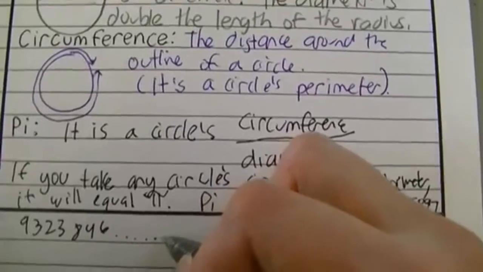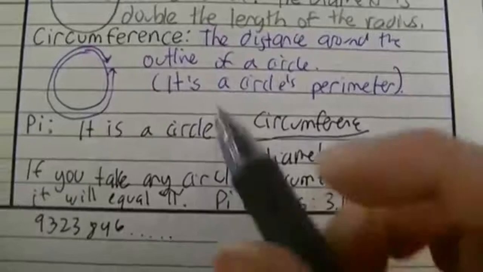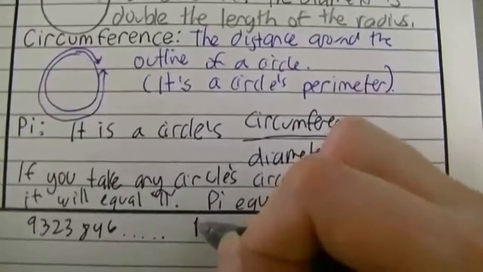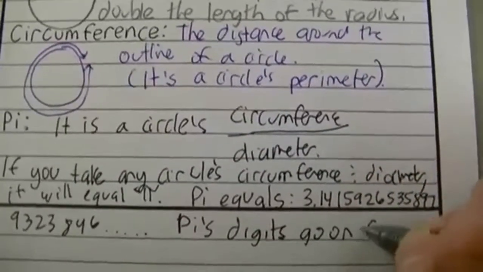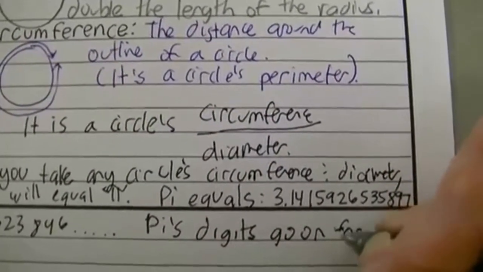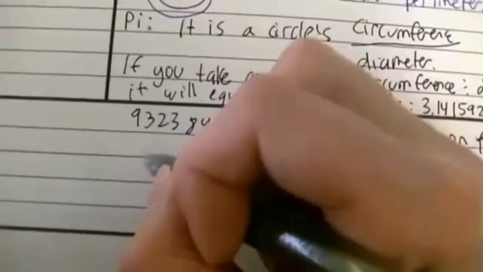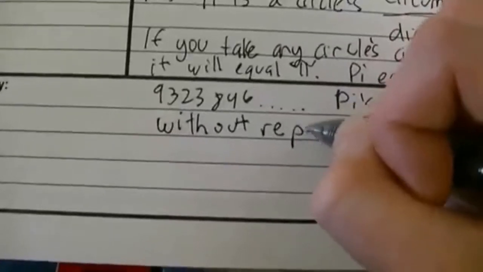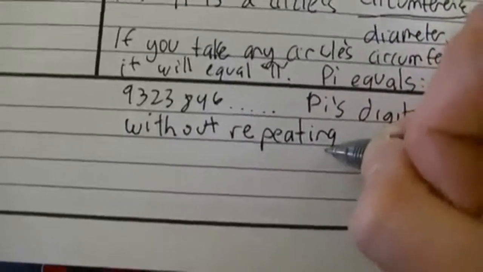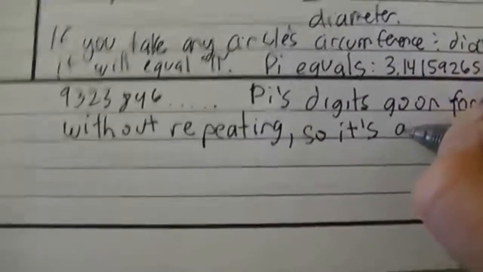So I don't have forever to write it down, so that's where I'm going to stop. Okay, so pi's digits go on forever. Sorry, I can't write with one arm not holding the paper. Pi's digits go on forever without repeating. So it's an irrational number.